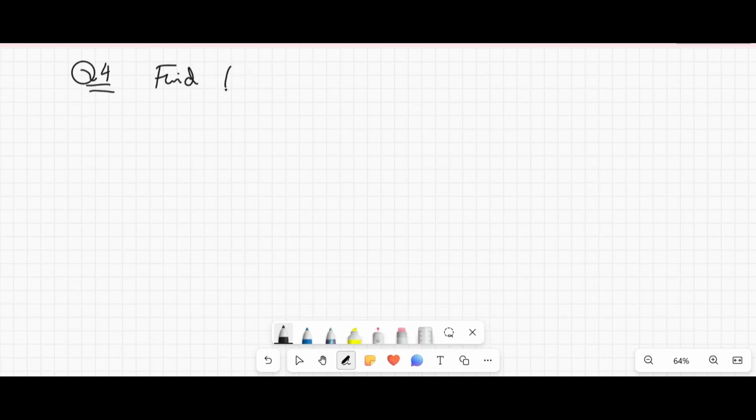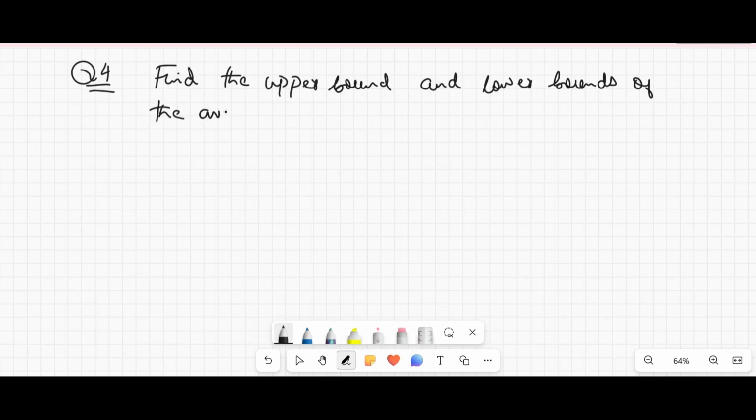This is: find the upper bound and lower bounds of the average speed of these measured times and distances.